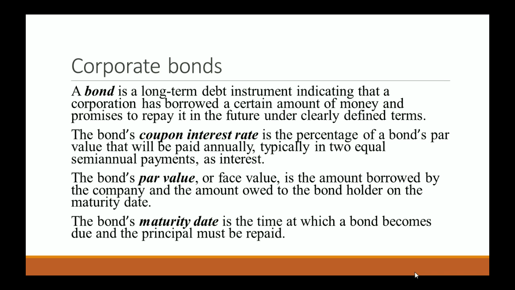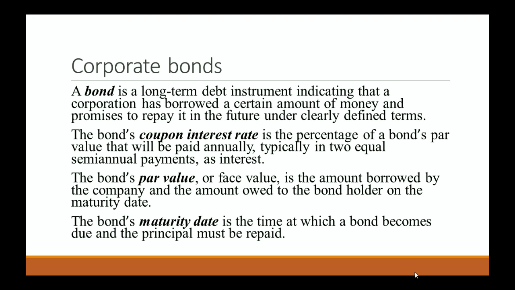So we're going to talk about bonds. Bonds are quite interesting. They are debt instruments and they are long term. So it's basically a loan. You as an investor can purchase bonds from a company. You are lending them money.